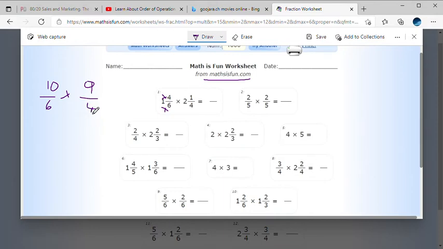If it's your first time doing multiplication of fractions, you can watch my previous videos on how to multiply fractions, and I will leave the link in the description below. We could just multiply across and then simplify after, but in this case I'm going to simplify first.